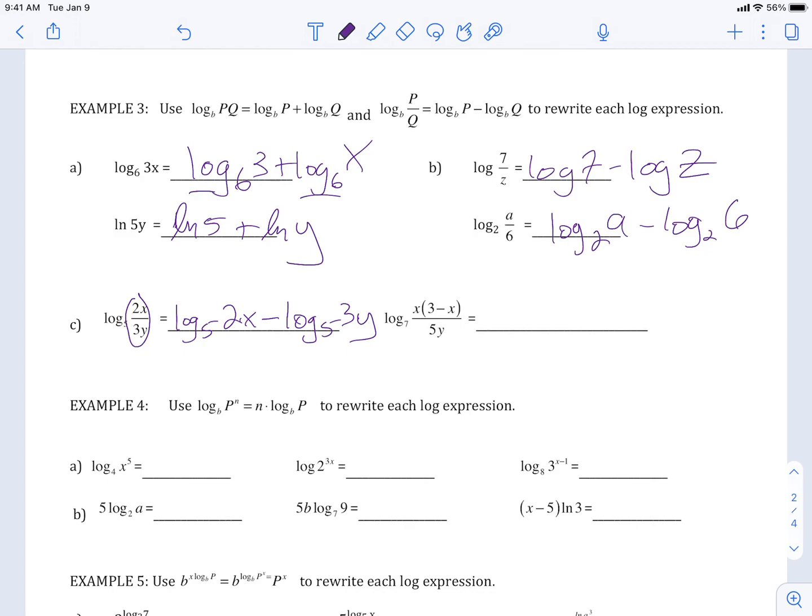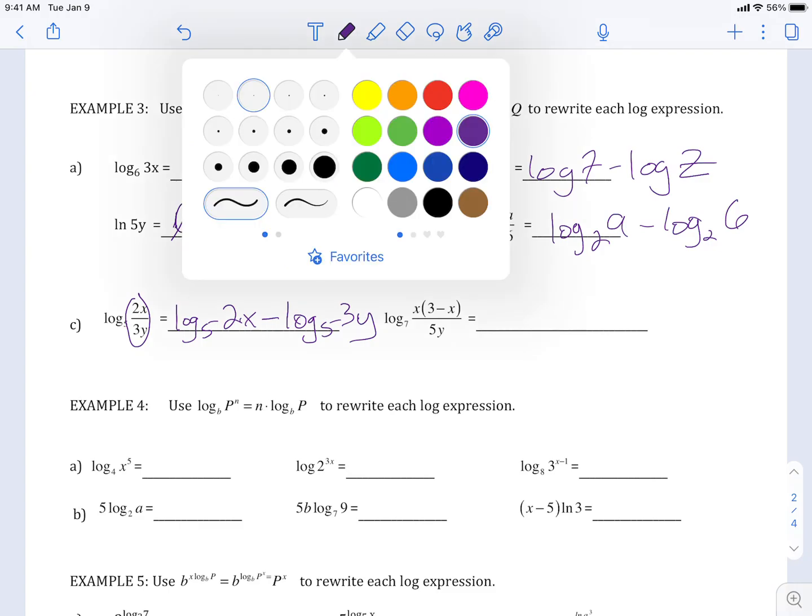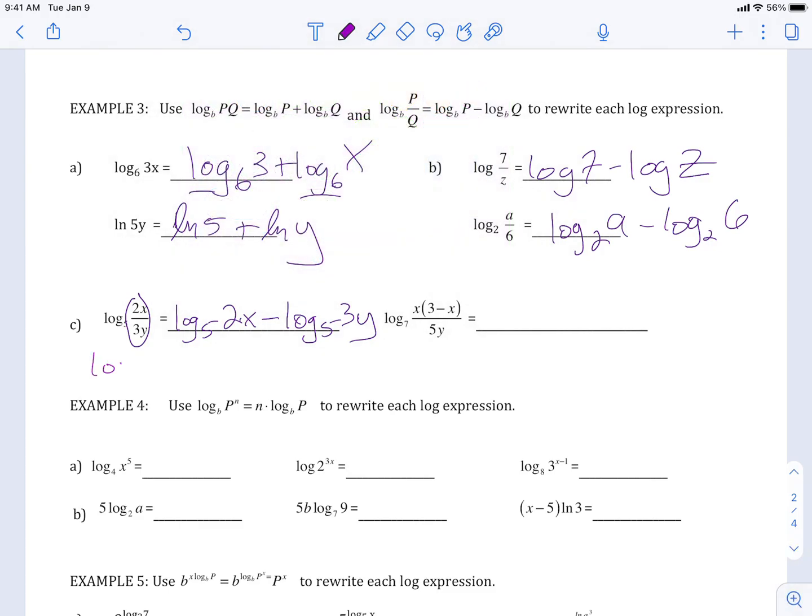So we'll have to bring it to log base 5 of 2 plus log base 5 of x minus log base 5 of 3, I'm going to put this in parentheses, plus log base 5 of y.